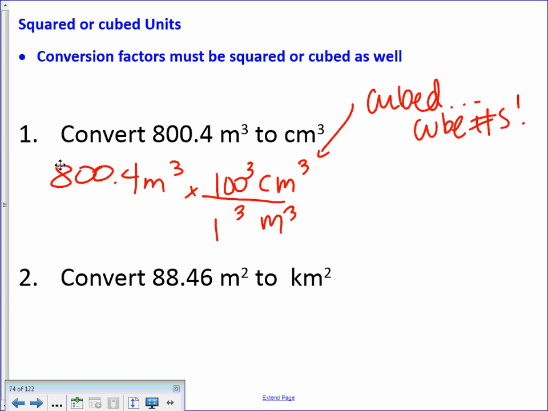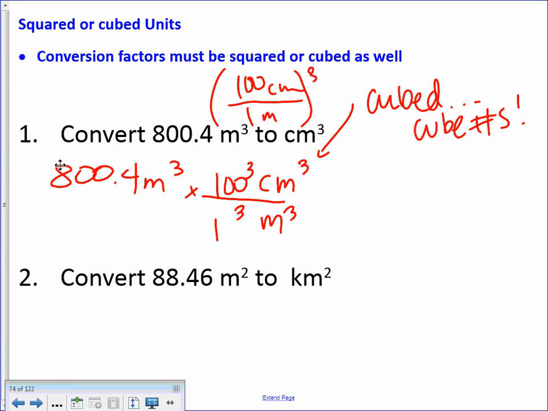Because the unit is cubed, the conversion is cubed, meaning the whole thing is cubed, and I show you that by cubing the numbers. Alternatively, you could write that as 100 centimeters over 1 meter, and then cube your whole fraction, but I'm just showing you I'm distributing it in.